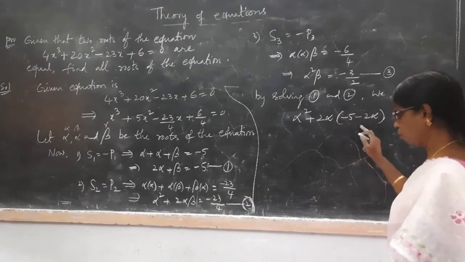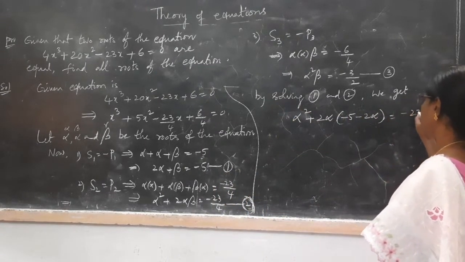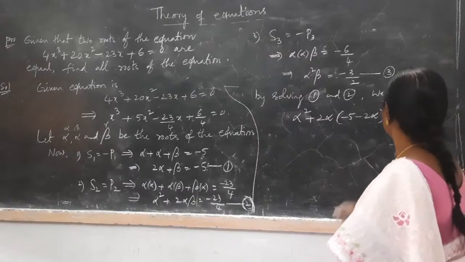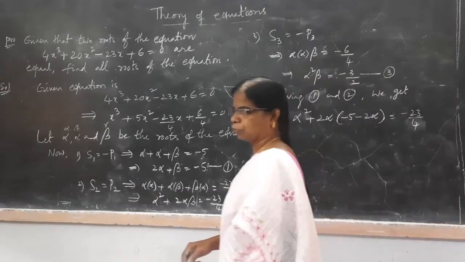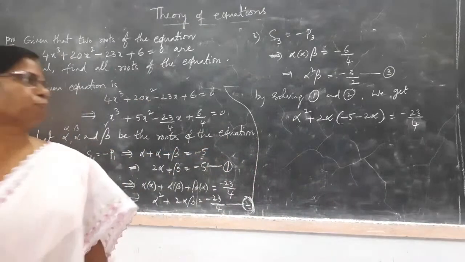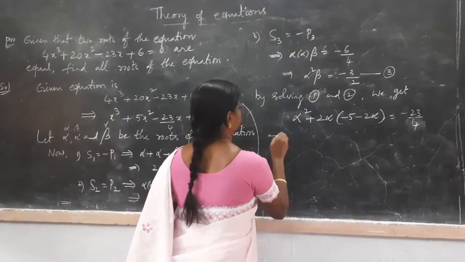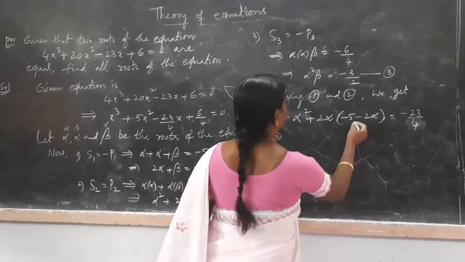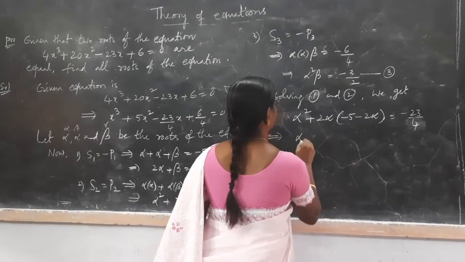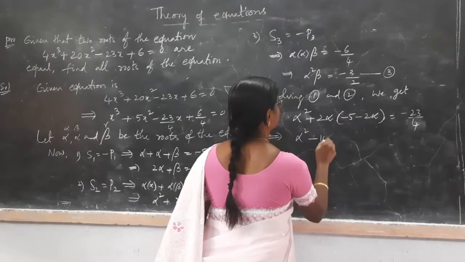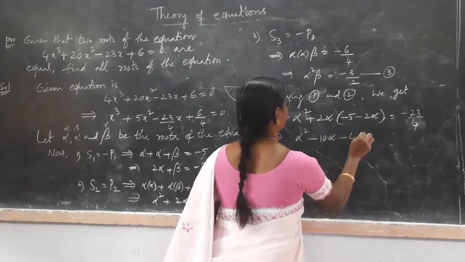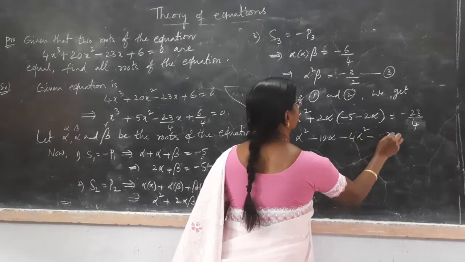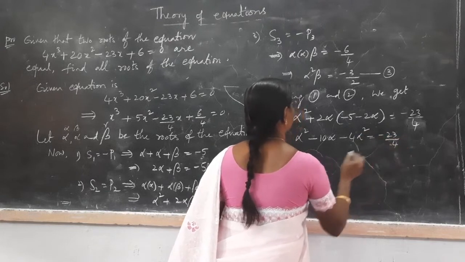So alpha square plus 2 alpha beta is equal to minus 23 by 4. Okay, this implies alpha square minus 10 alpha minus 4 alpha square is equal to minus 23 by 4.